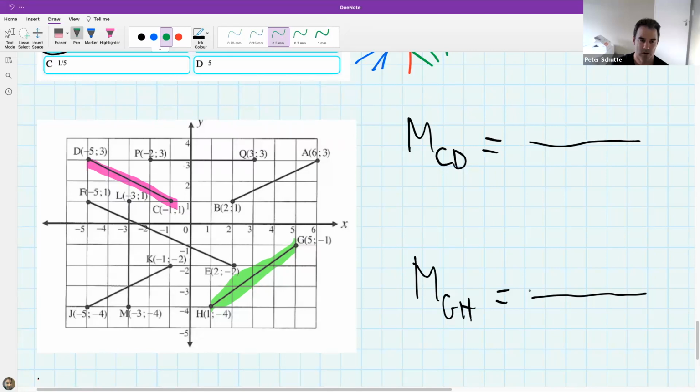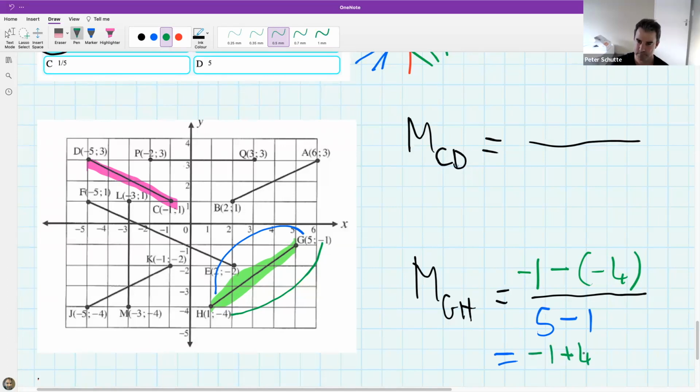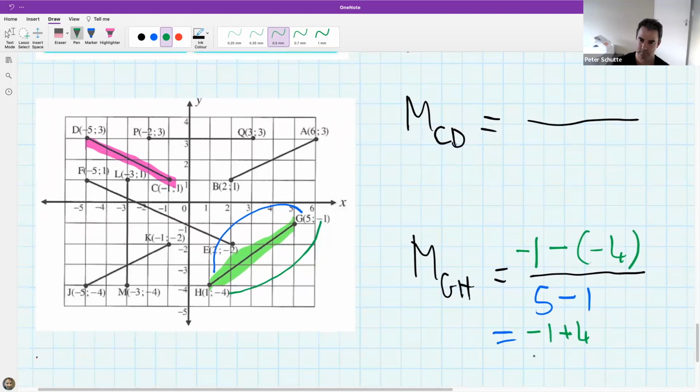Let me start with G. Have I made a mistake here?